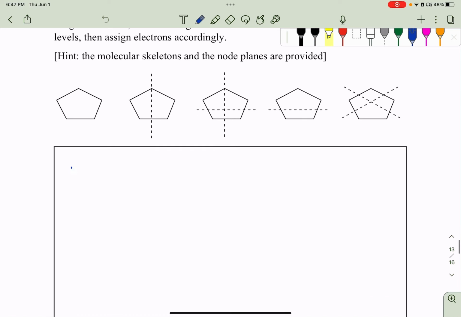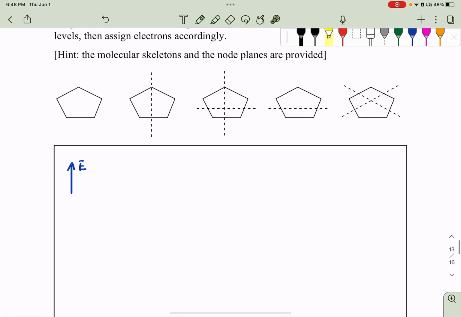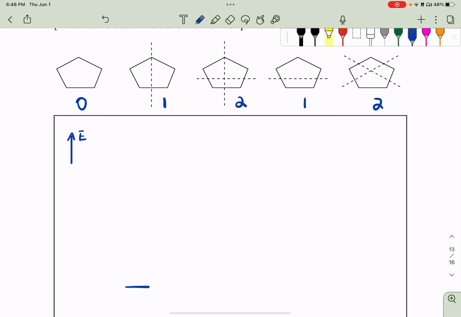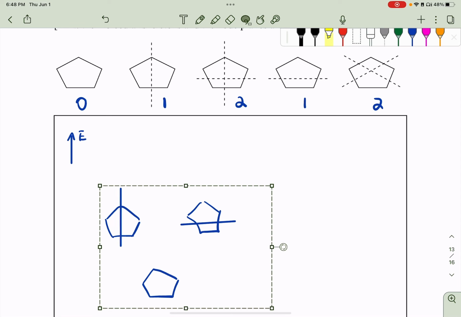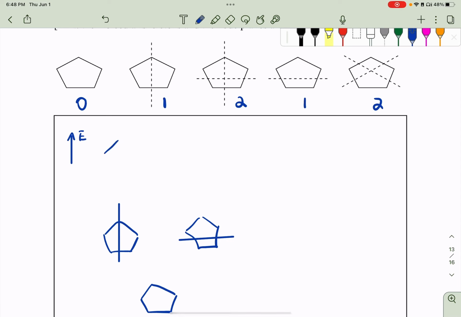So first of all, draw the energy level. And let's see, this one has 0 nodes, this one has 1 node, 2 nodes, 1 node, 2 nodes. So the orientation of my MO is 0 nodes, 1 node that's going in between, 1 node that is going through bonds, and on the top we have 2 nodes, one through atom, one through bond.